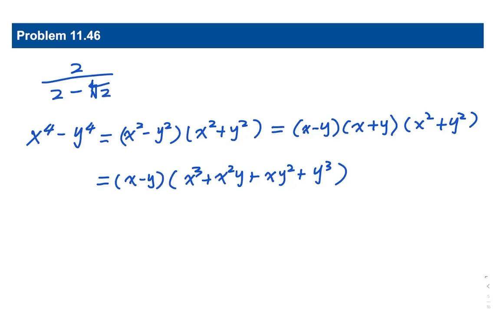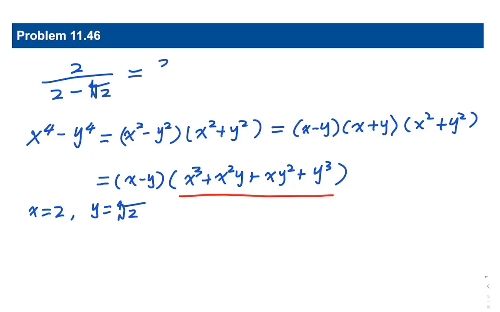Okay, now we make x equals 2, y equals the 4th root of 2. And we are going to multiply both numerator and denominator by this thing.